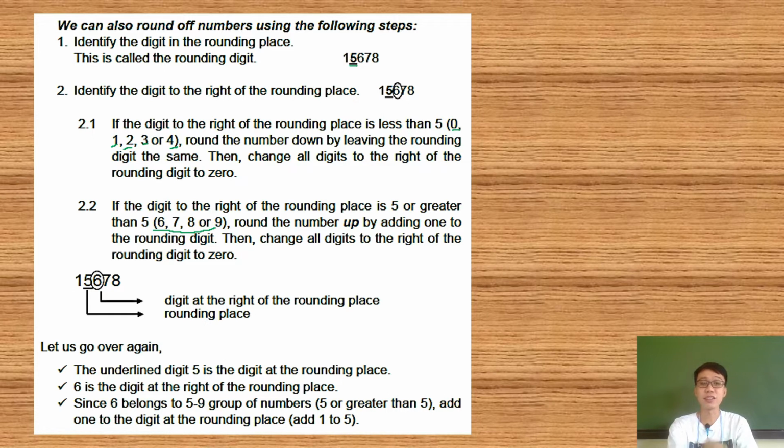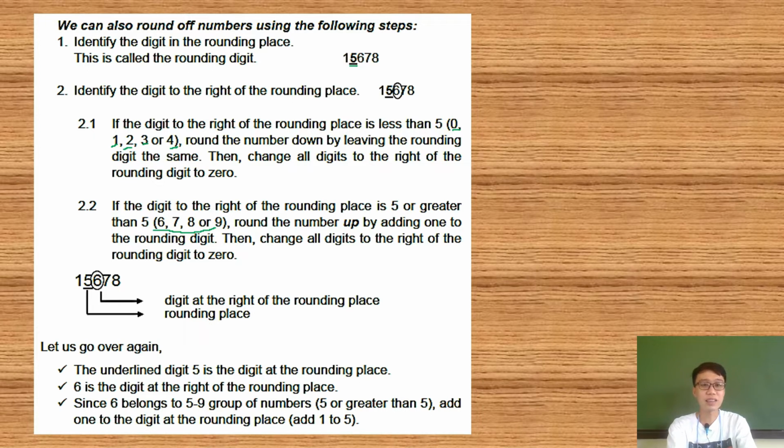Again, if the digit to the right of the rounding place is 5 or greater than 5, then round the number up by adding 1 to the rounding digit. Then change all digits to the right of the rounding digit to 0. Okay, so 15,678.